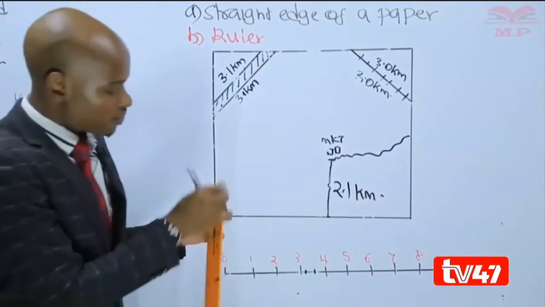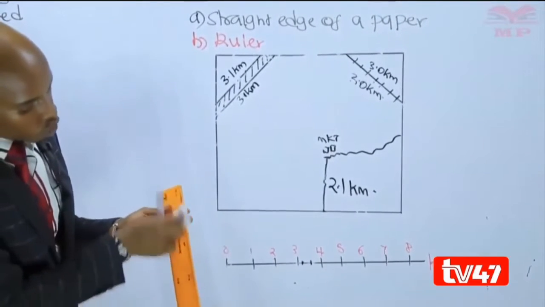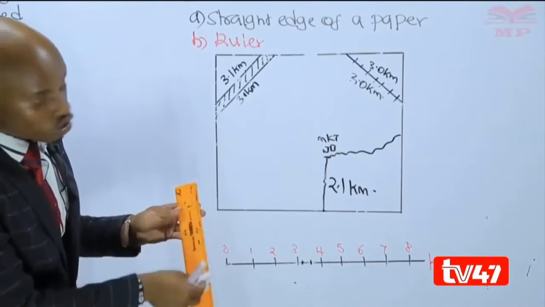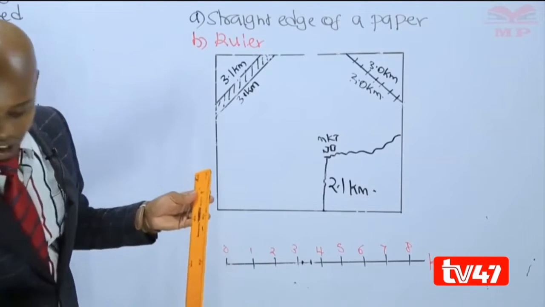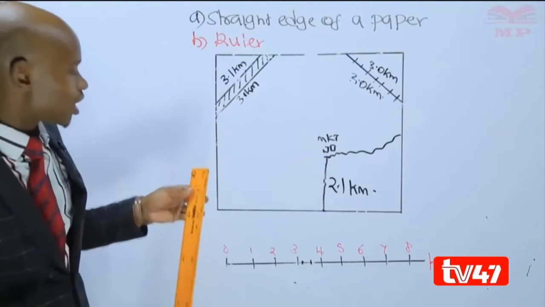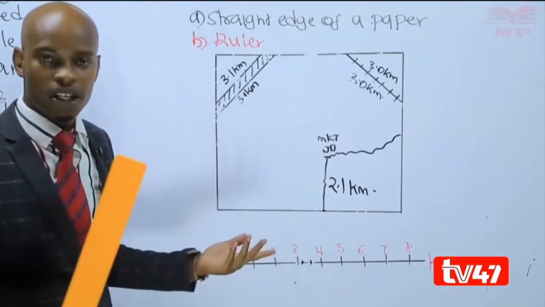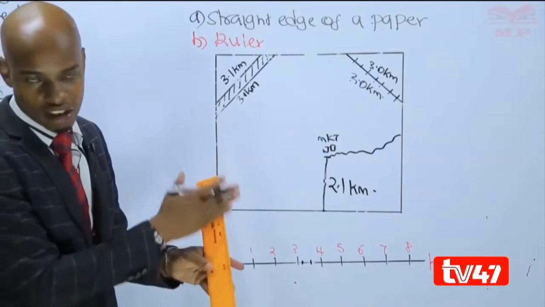Maybe to finish, or to give another example, make sure that you erase all the markings on your ruler so that they don't cause any confusion. Erase all the markings on your ruler when you're doing another one, or when you are repeating. Sometimes you feel like you have made a mistake and you need to repeat, make sure that there are no markings on your ruler.